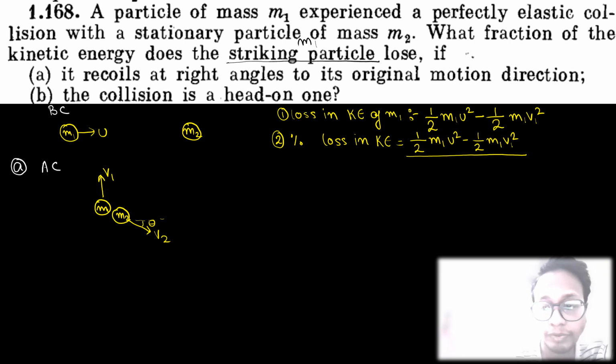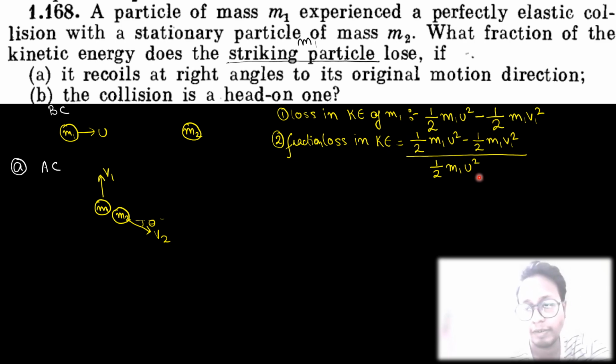Half m1 u square. Into 100. But out here they haven't asked us about percent, they have asked us about fraction. Fraction means you do not have to multiply by 100. So this parameter is the thing that I have to find out.